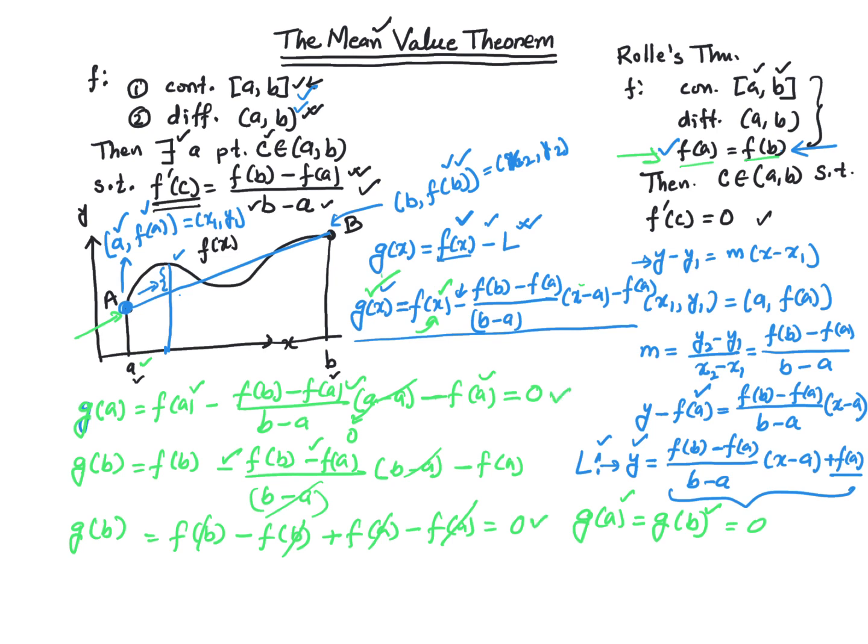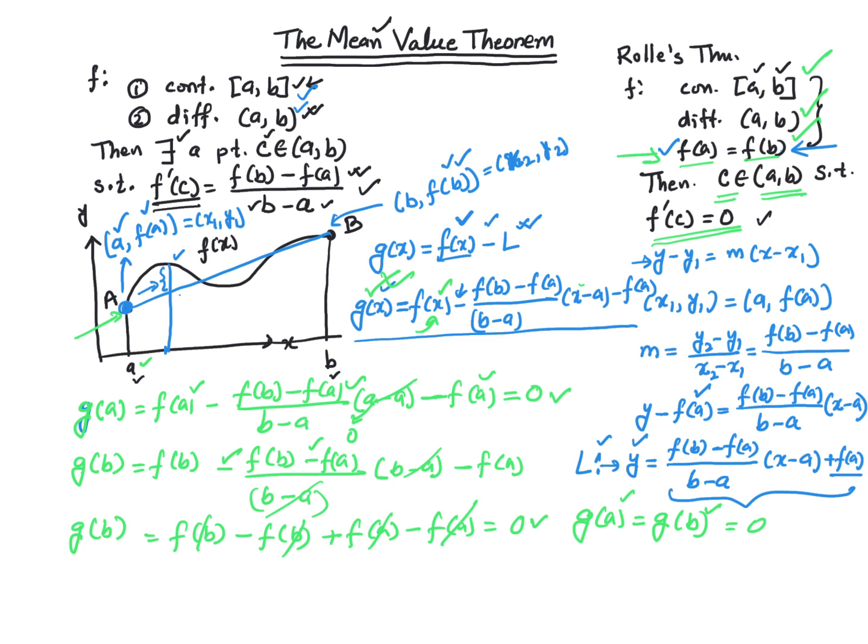So for this function g of x, Rolle's theorem must hold true because it is continuous in the closed interval, differentiable in the open interval, and f of b is equal to f of a. So therefore, by Rolle's theorem, there exists a point C in the open interval AB such that f prime of C is equal to 0.